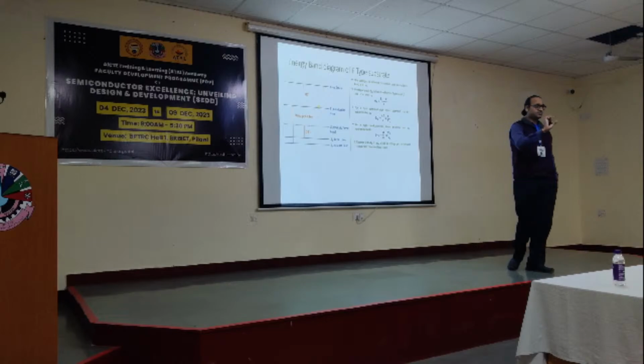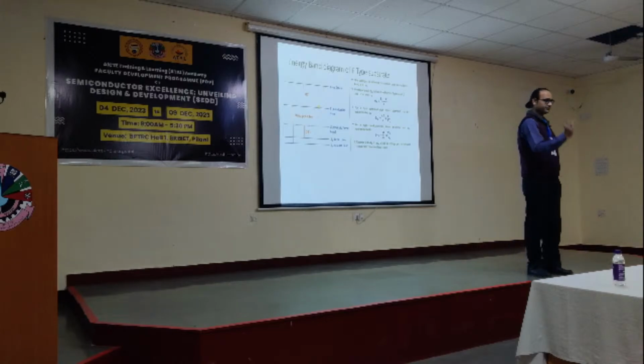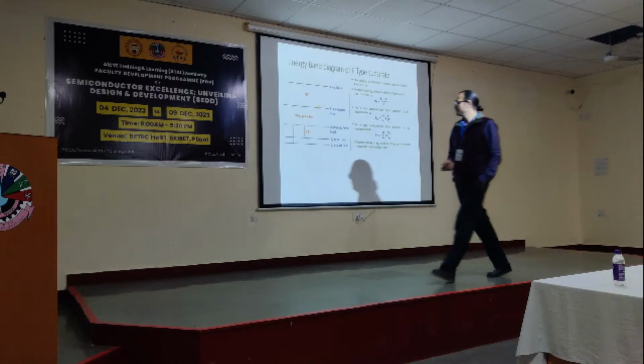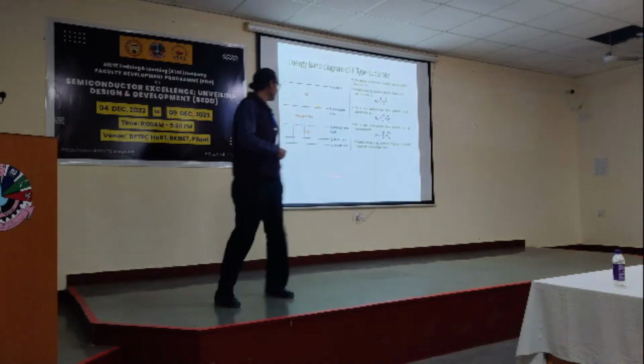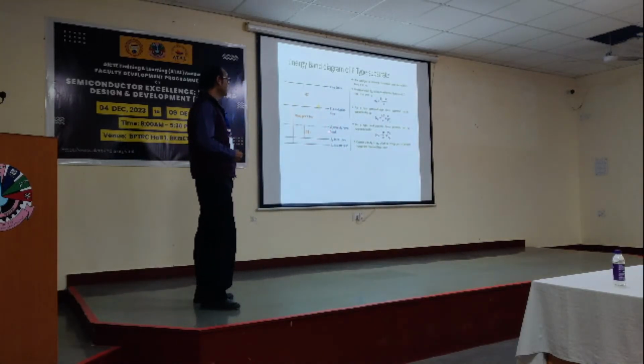It means the potential developed because of the shifting of the Fermi level is called Fermi potential. And for a p-type semiconductor, the Fermi energy shifting is Ei minus Ef. So q phi f is the Fermi potential multiplied by q.